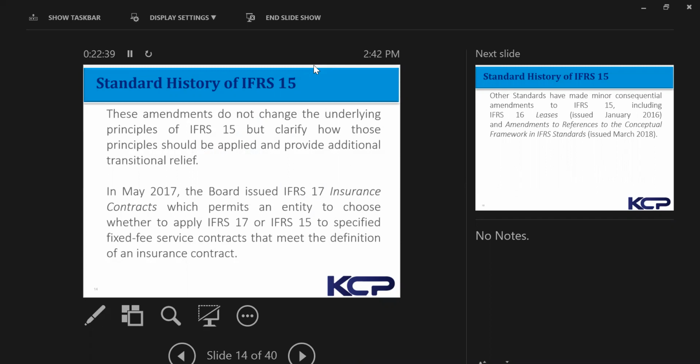So in May 2017, don't forget we had earlier set the effective date, but some foundational work is still going on. In May 2017, the board issued IFRS 17, insurance contracts. That's one of the most topical standards in the world today, which permits an entity to choose whether to apply IFRS 17 or IFRS 15 to a fixed-fee service contract that meets the definition of an insurance contract.